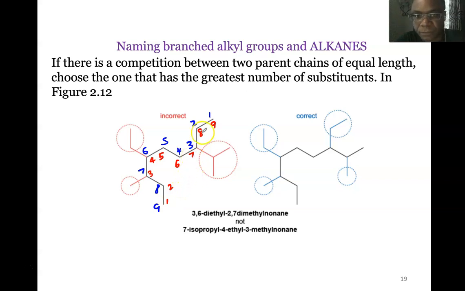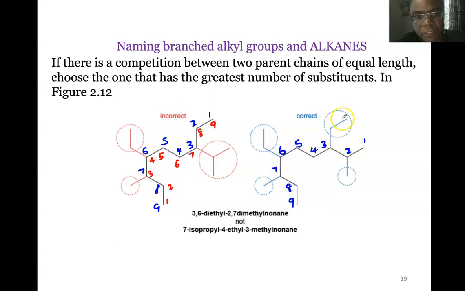So this is assuming that that's the longest chain, but still you have this other option here. 1, 2, 3, 4, 5, 6, 7, 8, 9.